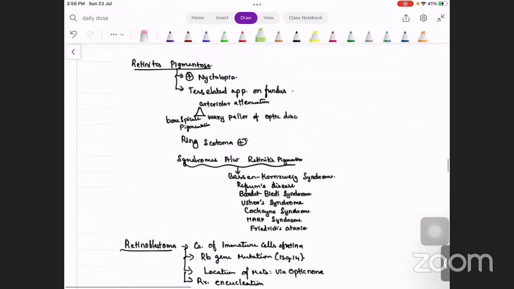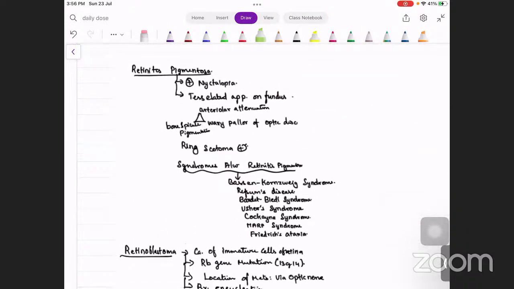Next is retinitis pigmentosa, which is associated with night blindness, or nyctalopia. You may see a tessellated appearance on fundus, and there is a triad of retinitis pigmentosa: bone spicule pigmentation, waxy pallor of optic disc, and arteriolar attenuation.